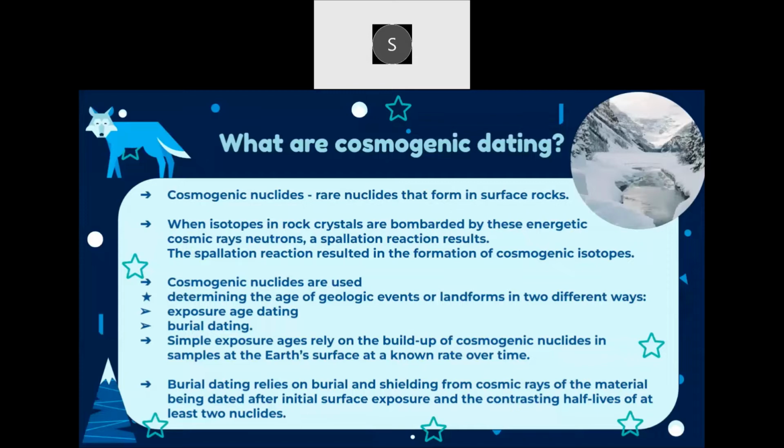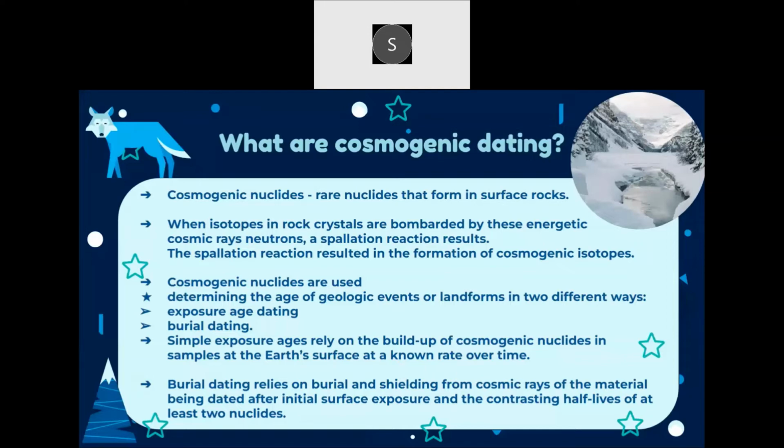The reaction results in the formation of cosmogenic isotopes. Counting the numbers of these isotopes, normally as a ratio to other isotopes, means that scientists can calculate how long rocks have been exposed at the Earth's surface.